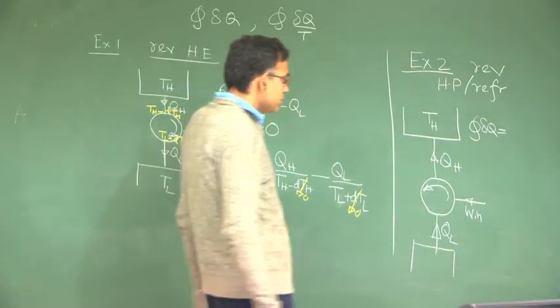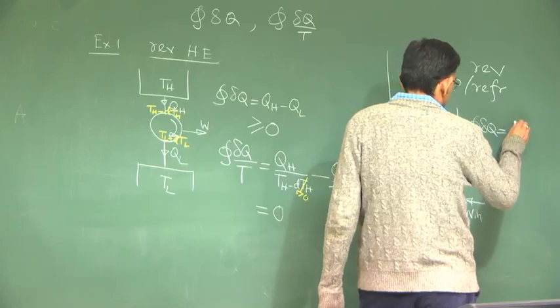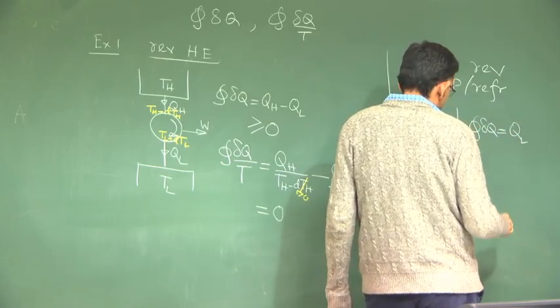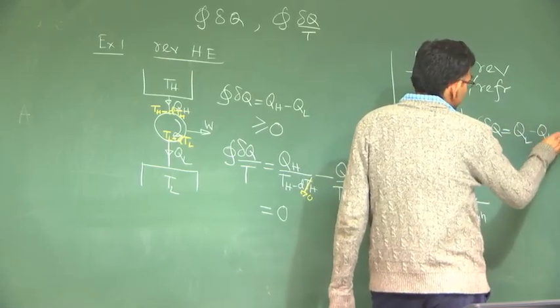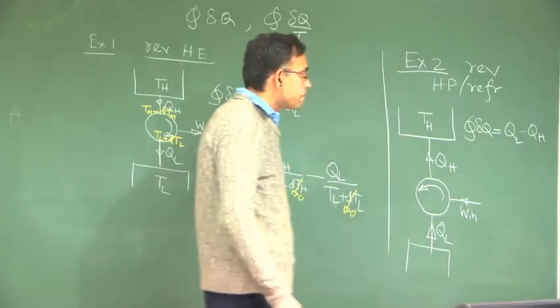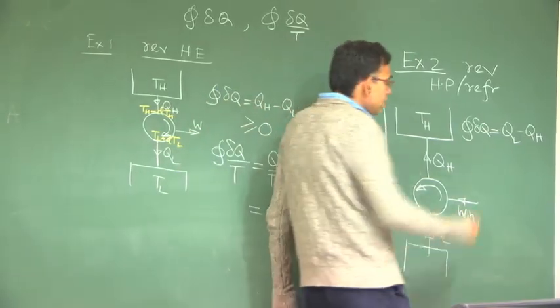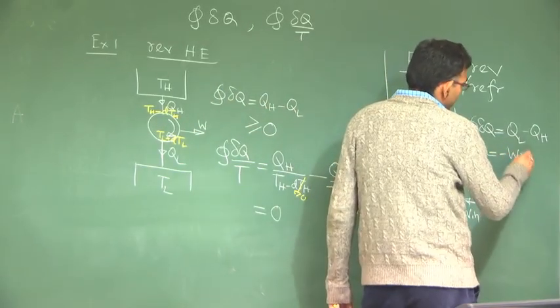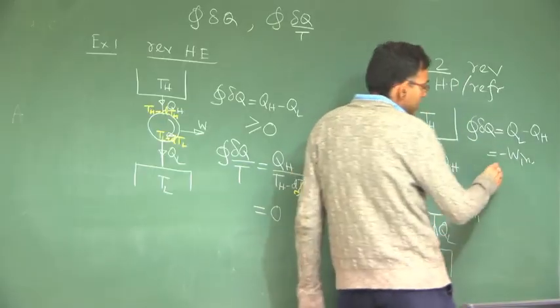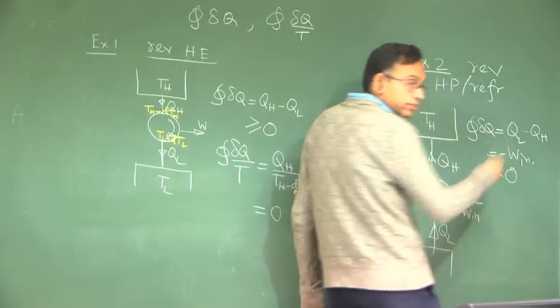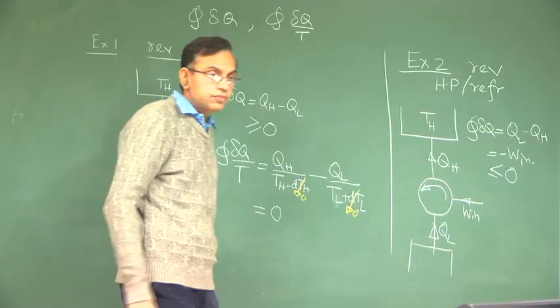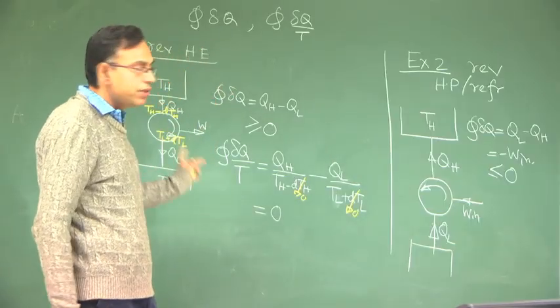This is QL minus QH, which is equal to minus W in, right. So, this is less than or equal to 0, just like the previous case.